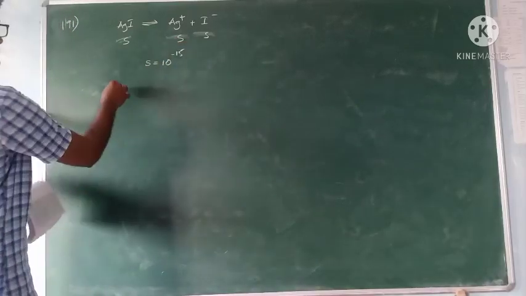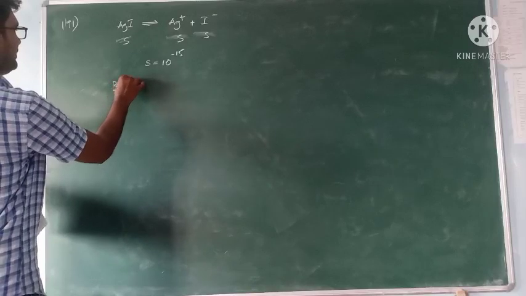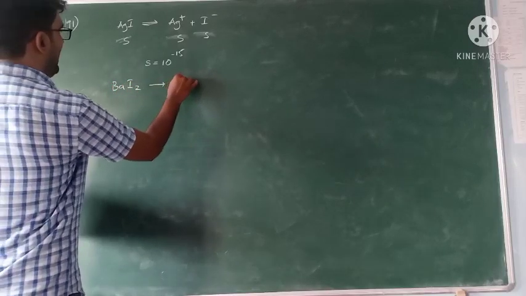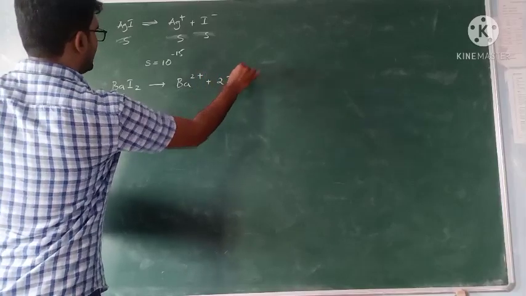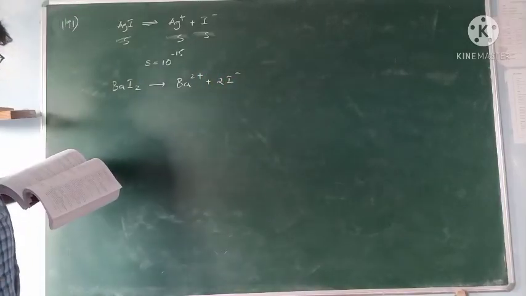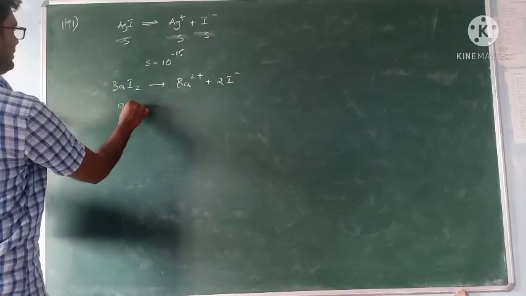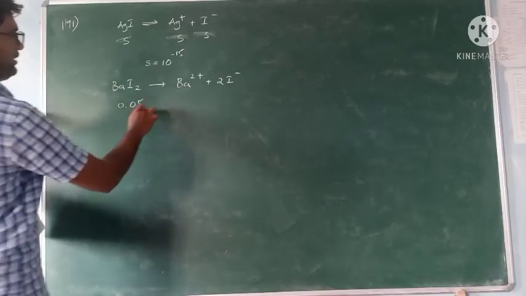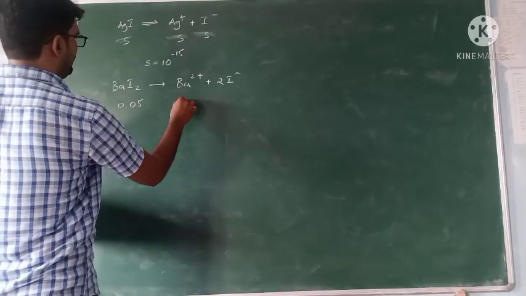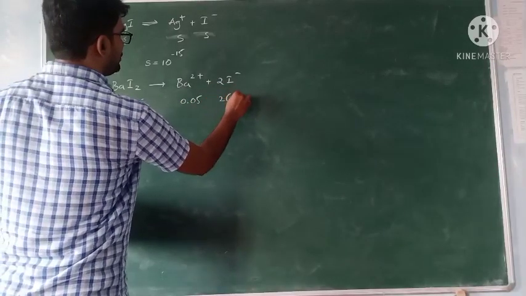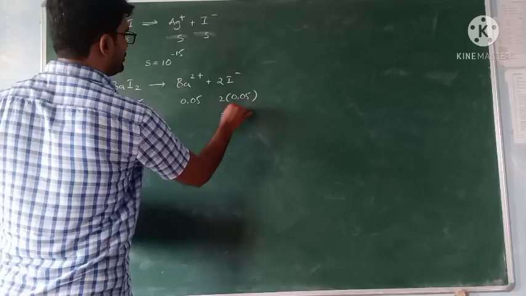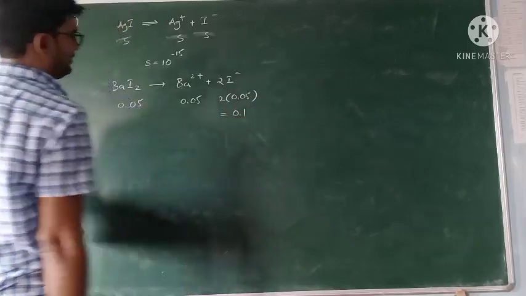Another one is given, this is BaI2. BaI2 is dissociated as Ba2 plus and 2I minus. This one's concentration is mentioned, that is 0.05. If this is 0.05, this is also 0.05, but this is 2 into 0.05, and 2 into 0.05 is 0.1.